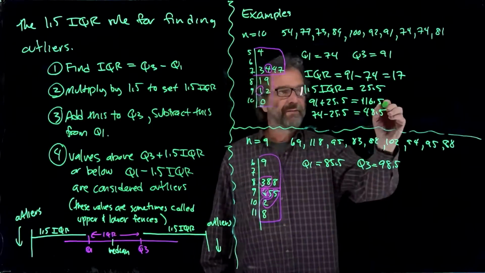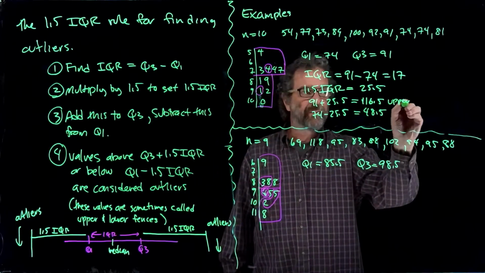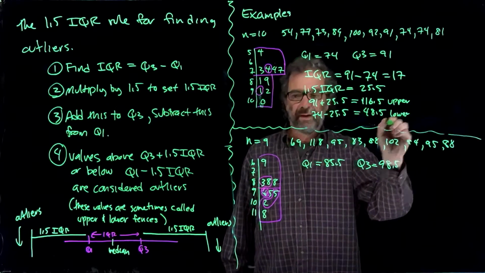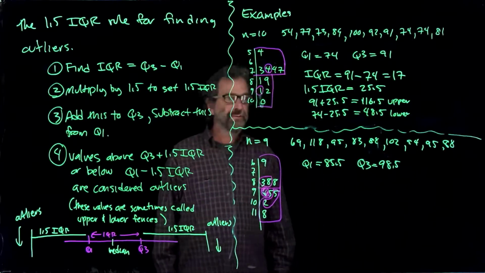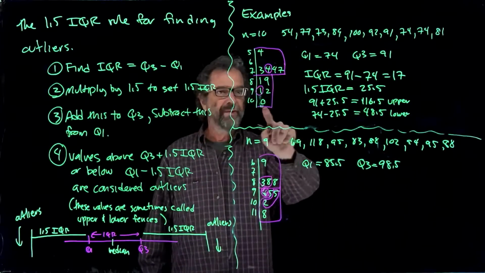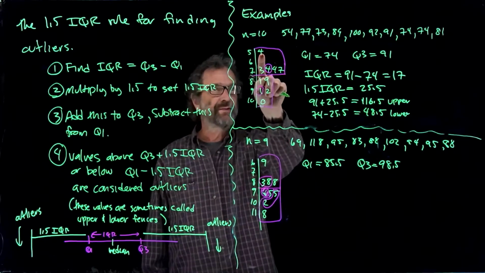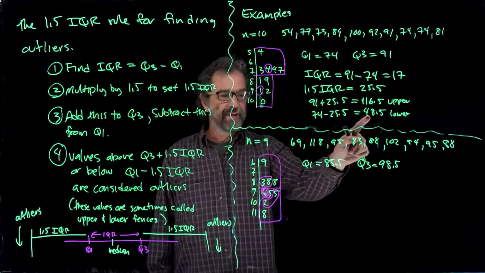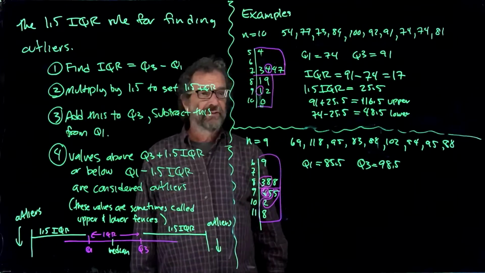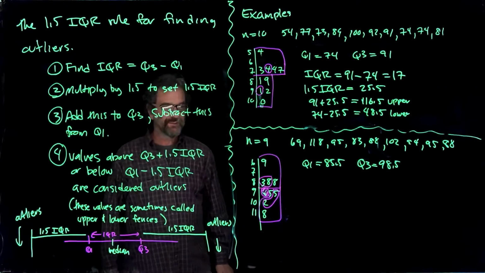So this is the upper fence. To be an outlier, the value would have to be above 116, but 110 is our highest value. No outliers. And 54 is the smallest number. It has to be below 48 to be an outlier. So it has to be pretty bad, I guess.